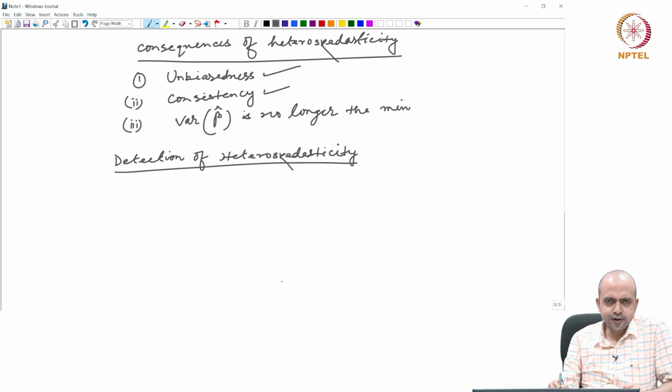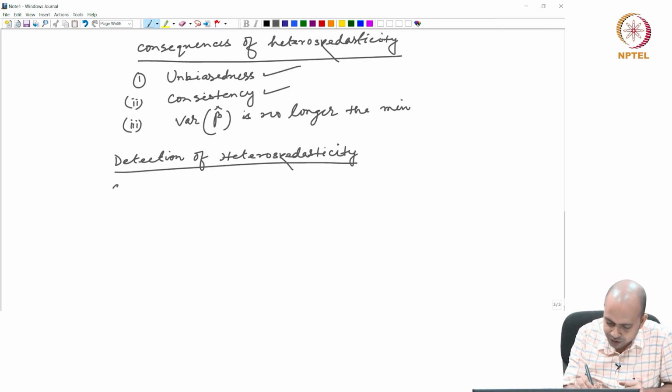So, you can detect heteroscedasticity by some graphical measures. What does it mean? Graphical measure.